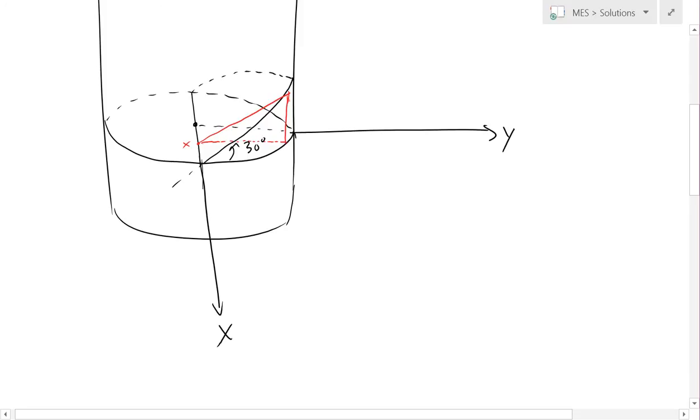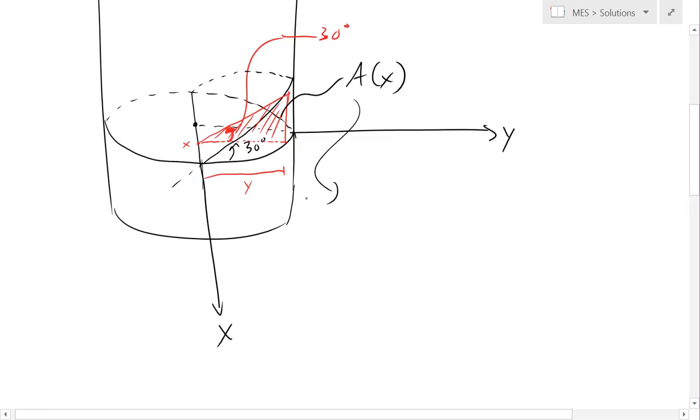As you can see, it is just a triangle, where from here to here is x, and it's a distance here of y. This one again is 30 degrees. Every single triangle is going to have a 30 degree angle. And this will be basically our A of x, our general cross-sectional area.